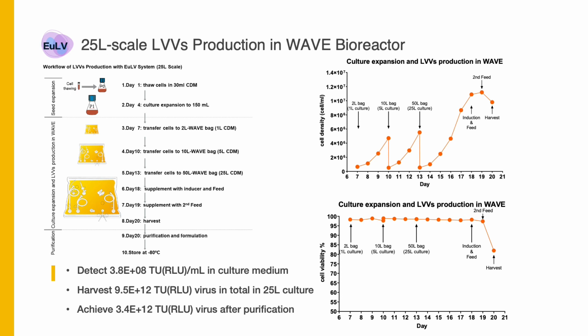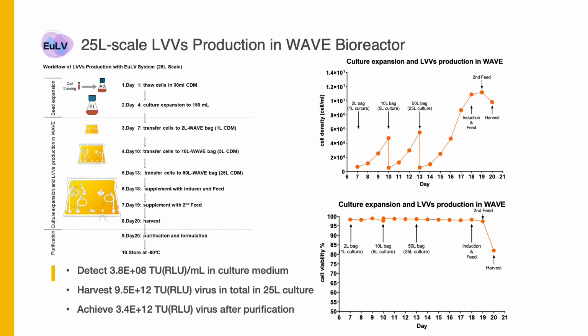The two figures at the right show the cell density and the viability data when the producer cells are amplified and induced for lentivirus production in the wave bioreactor. On day 10 and 13, when the cell density reached around 5 million per mil, cells were transferred to the next size of wave bag. And on day 18, inducer was added for virus production.